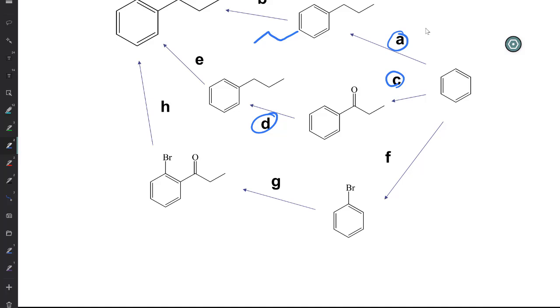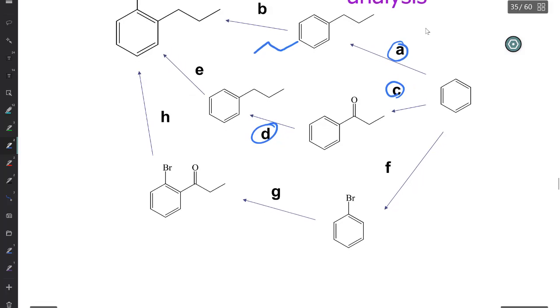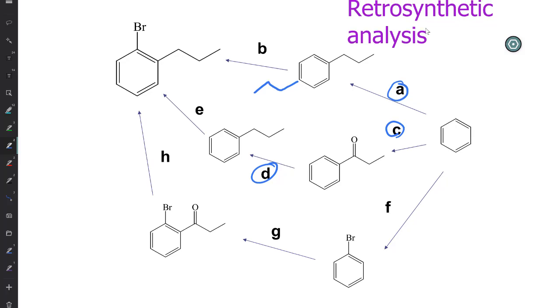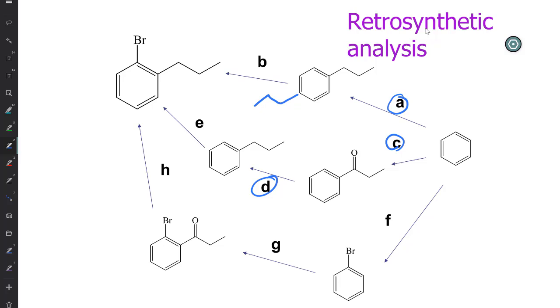That's the Wolff-Kishner, Clemmensen, or Mozingo reduction, to form the propylbenzene. Once you have the propylbenzene, it's a relatively easy thing to add the bromine in the ortho position. You just have to be aware that when you do something like that, what you're going to end up with in your product also is this. So there's a mixture of products.